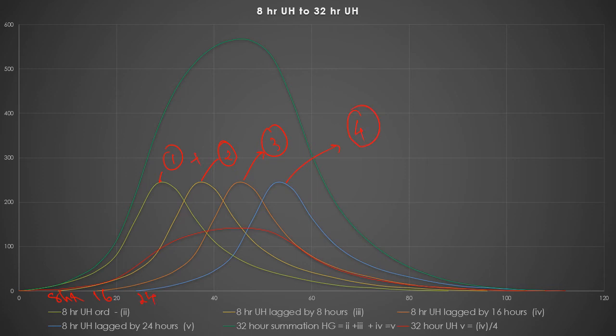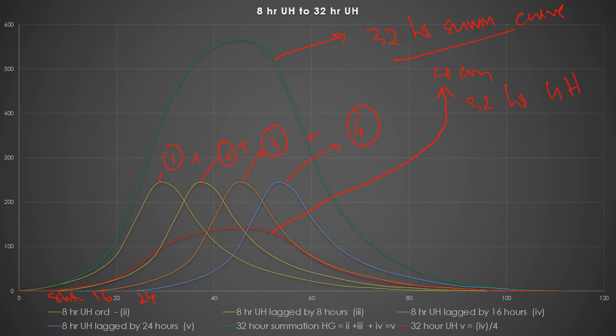Now we have to sum up these curves to obtain this green curve, the 32-hour summation curve, and divide it by 4 cm to obtain this red curve, that is our 32-hour unit hydrograph.